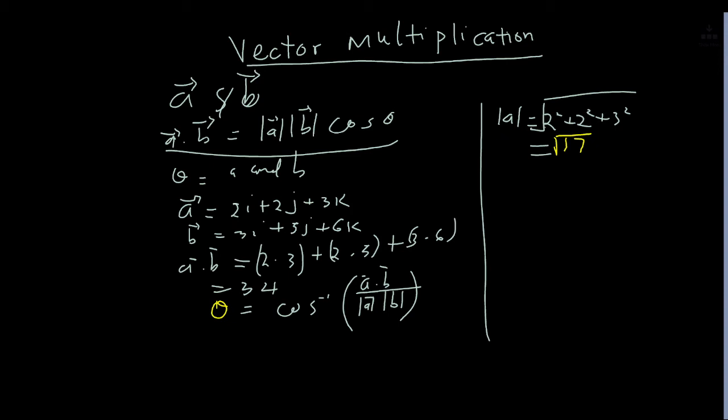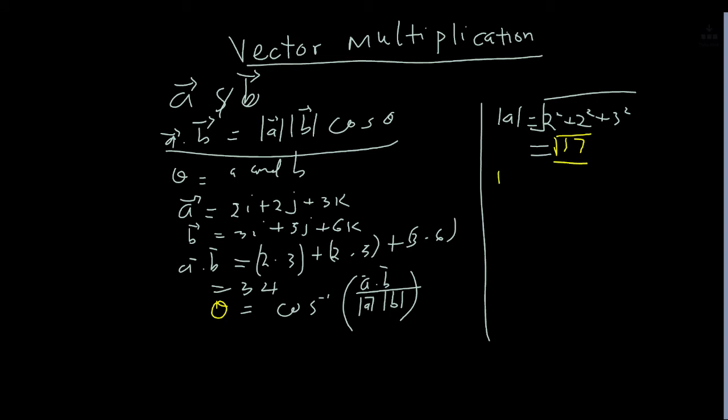So the magnitude of A is the square root of 2 squared plus 2 squared plus 3 squared. 2 squared is 4, plus 2 squared is 4, that is 8, plus 3 squared is 9, that is 17. So the magnitude of vector A is the square root of 17.